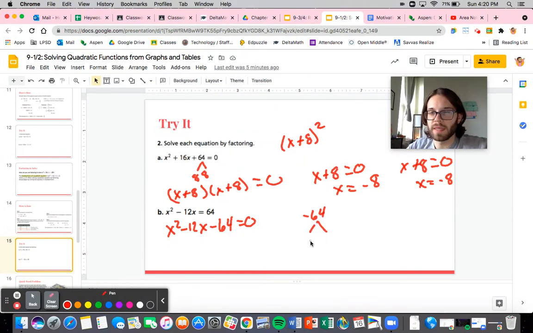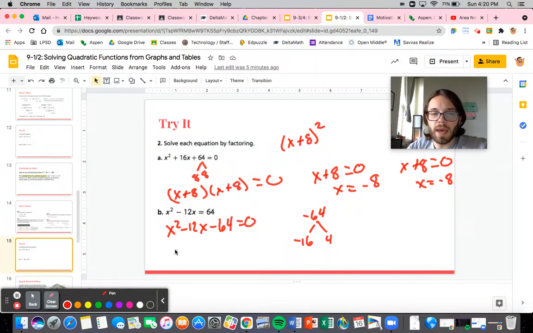What do we have? Let's think. Well, we had 8 and 8, which is not going to work. So what else do we have? If you break it apart, what's 8? It's 4 times 2. So we could also have 16 times 4, which should work. So -16 times 4, because 16 times 4 would be 64.